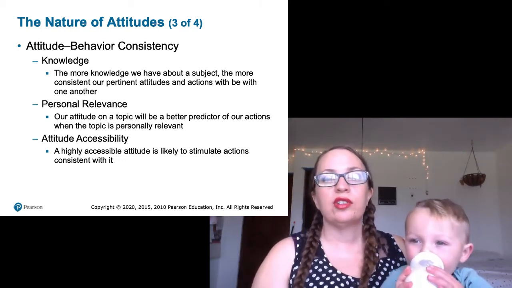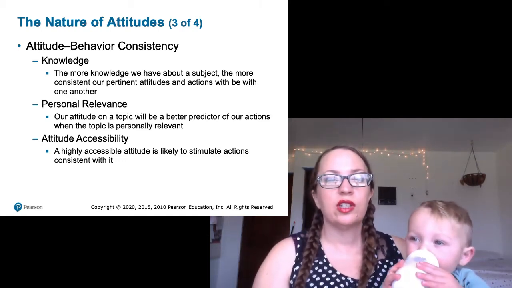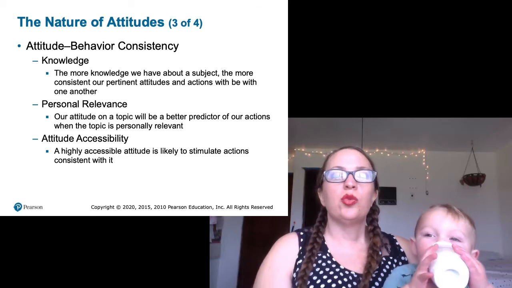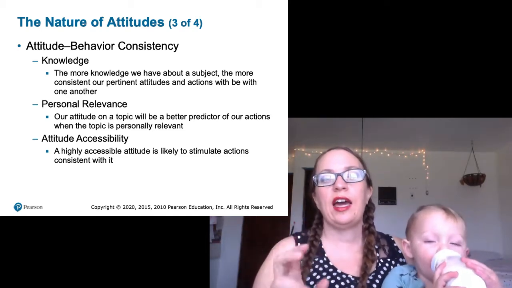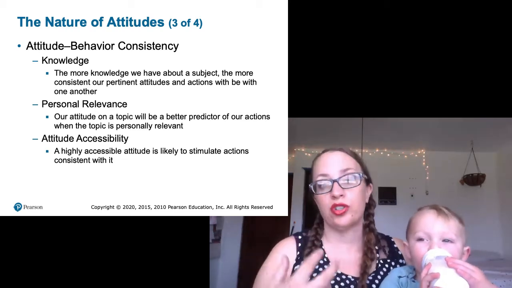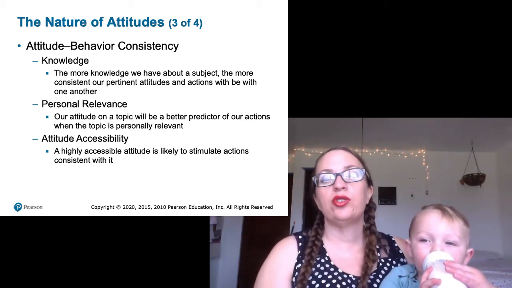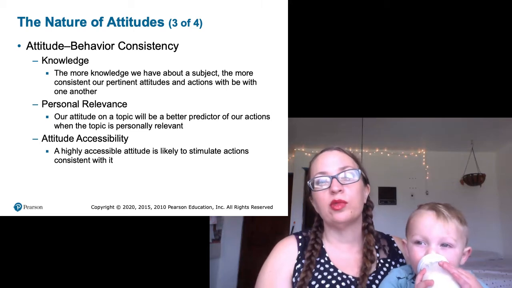Then personal relevance. We're more likely to engage in a behavior consistent with our attitudes when that attitude involves something that is personally relevant. For example, our attitudes towards pornography may become really relevant.